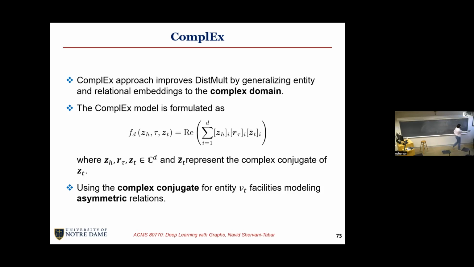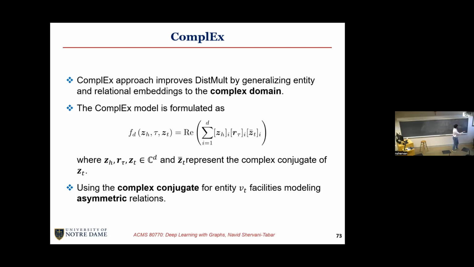So the second thing that we do here is that we're only taking the real part of the summation, and we don't consider the imaginary part for our score. Essentially, yeah, so those two.